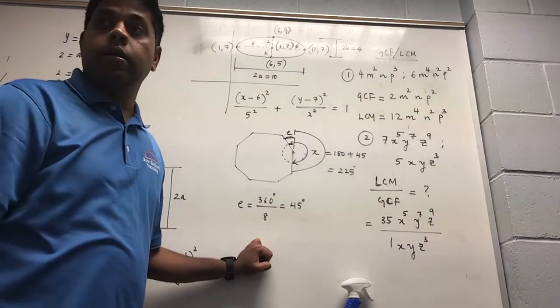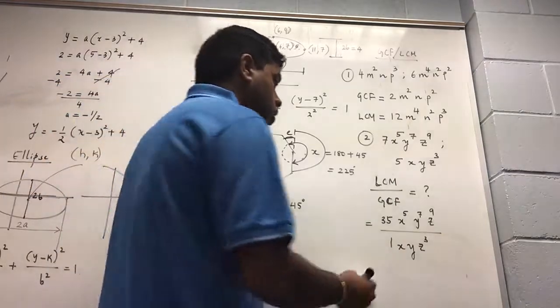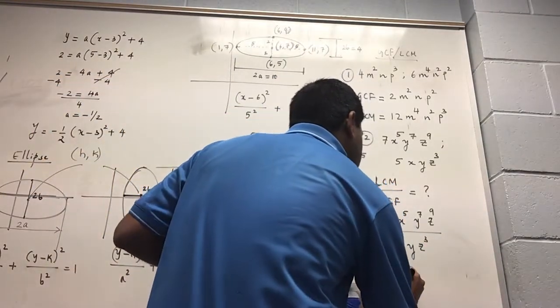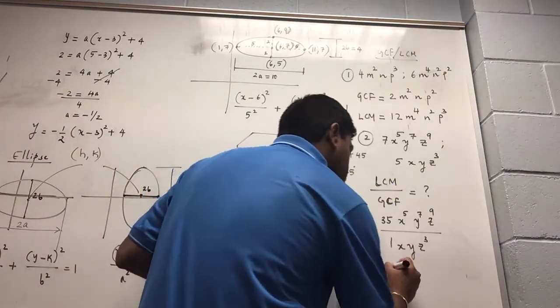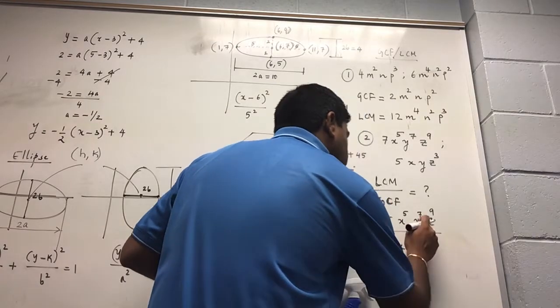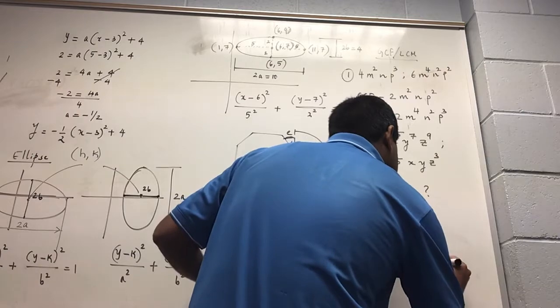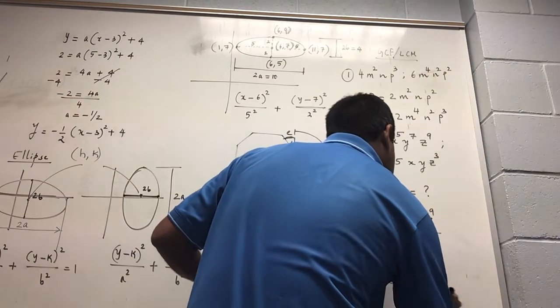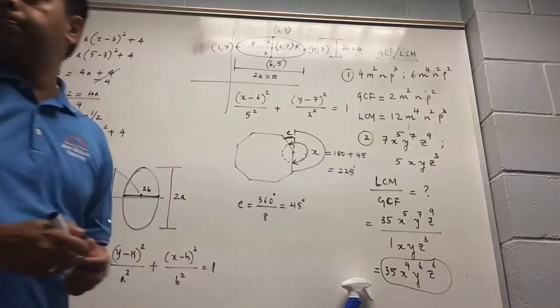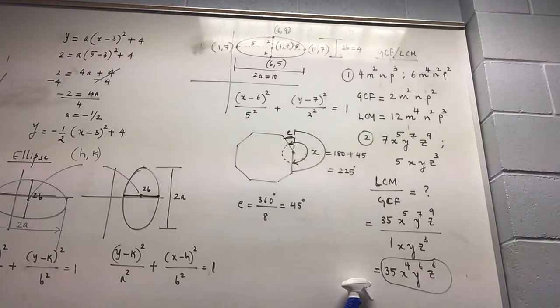You with me? Yes. So now you divide 35 by 1, and for the variables you're left with x raised to 4, y raised to 6, z raised to 6. Make sense?